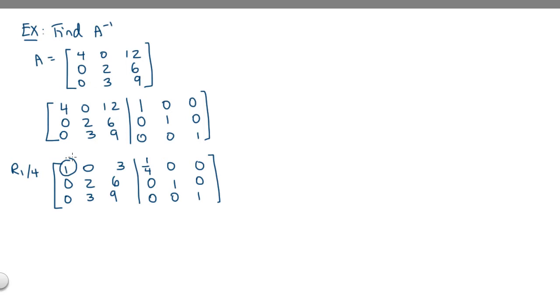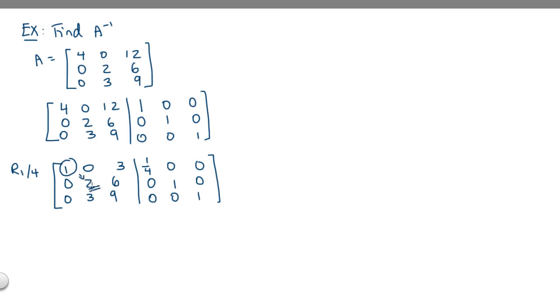Okay, so we've now got this pivot in our first column, that nice 1. We could use that 1 to eliminate any other numbers in that column, but we've actually already got zeros all the way down there. So that first column looks great. That's all done.